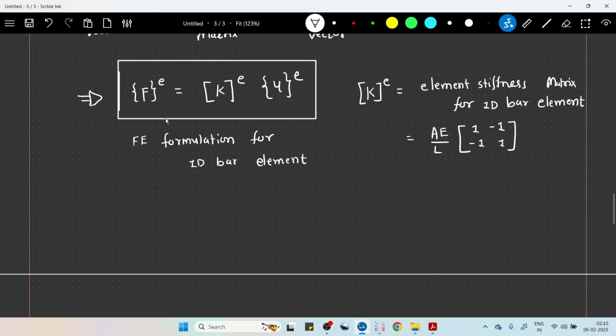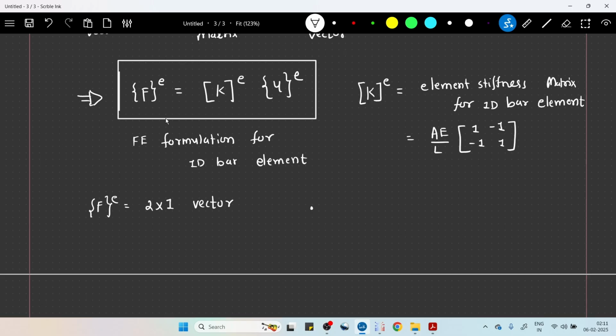This is what we said earlier, that we want to find the relationship between force and displacement, and that's what we did. And this F vector, the force vector, is 2 by 1, right?